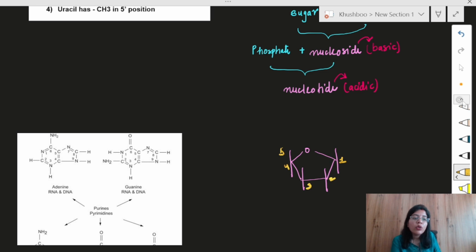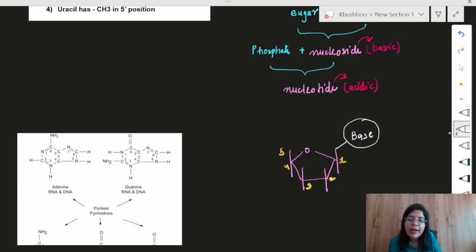So you are going to attach your nitrogenous base only always at this first carbon of the sugar. So the first carbon of the sugar always interacts with the base. This is the basic thing which you must know, right? Fifth carbon always interacts with the phosphate. Fifth carbon of the sugar always attaches to phosphate. Okay, this you have to study.